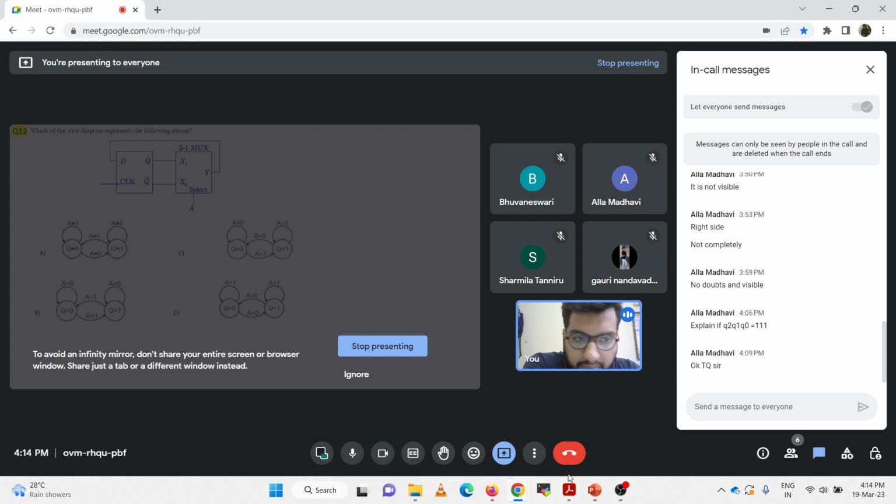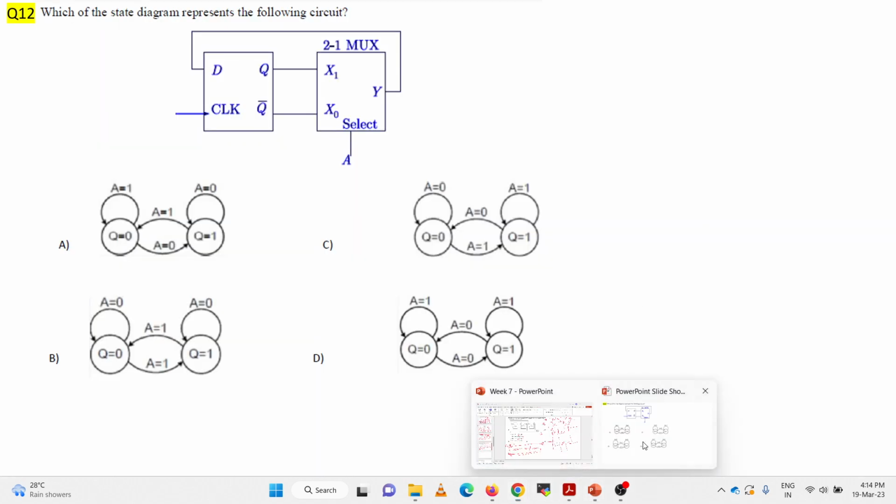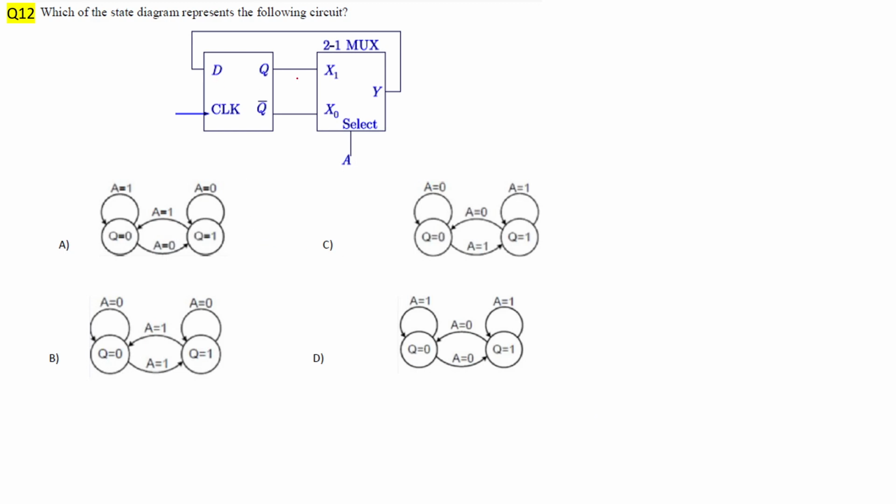Okay, let me show you the solution. So we have this D flip-flop connected to a 2:1 mux. So I am at q equal to 0 and at q equal to 1. When a equal to 0, the x0 line will be selected. So the output y will be going to D and my q will then be equal to 1. So see what will happen.